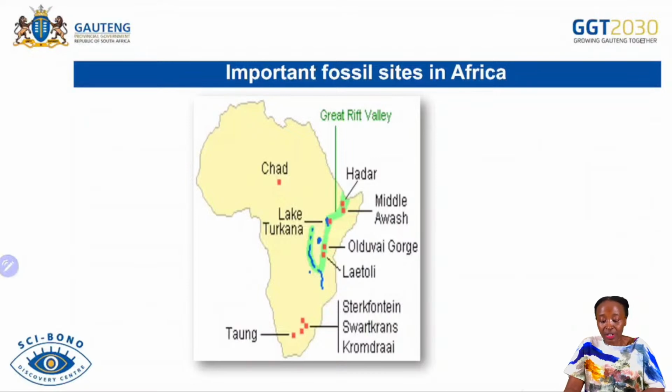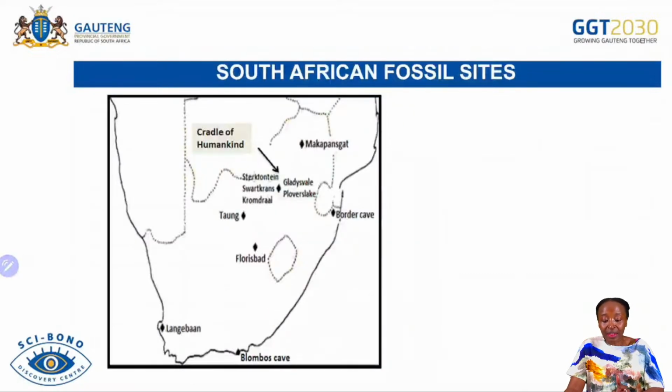So this is a map of Africa which shows the sites, the Great Rift Valley, where most of the fossils were found. And then the South African fossil sites: we have the Cradle of Humankind, which is up there. I know some of you have been there, your teachers have taken you there, and there are so many interesting things to see if you go there.